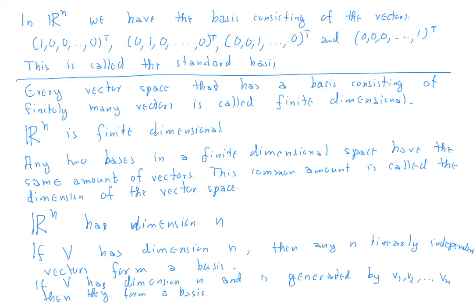R4 has the standard basis, and it also has infinitely many other bases. As I said a moment ago, every vector space, if it has dimension at least 1, has infinitely many bases. So a basis is a set of a few vectors. The vector space is a very large infinite set consisting of vectors. So a vector space is not equal to a basis. It has a basis.